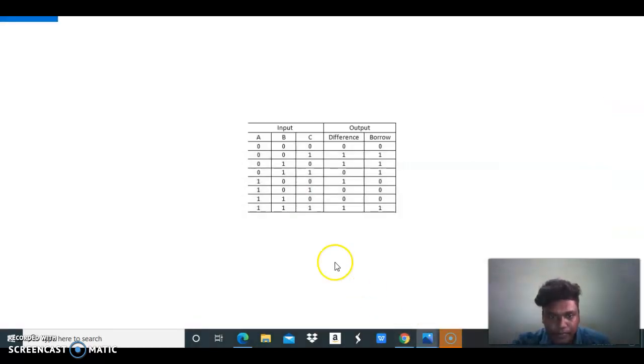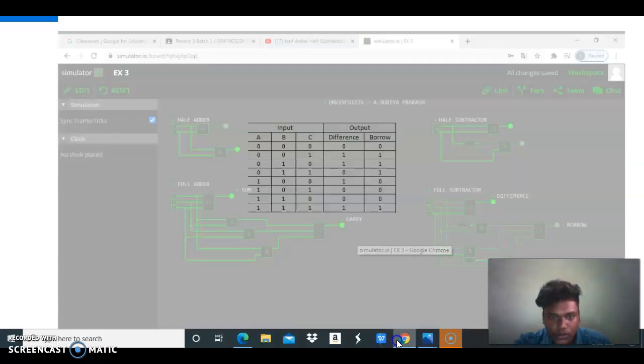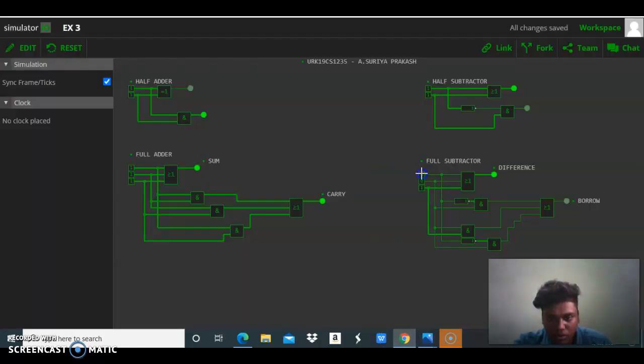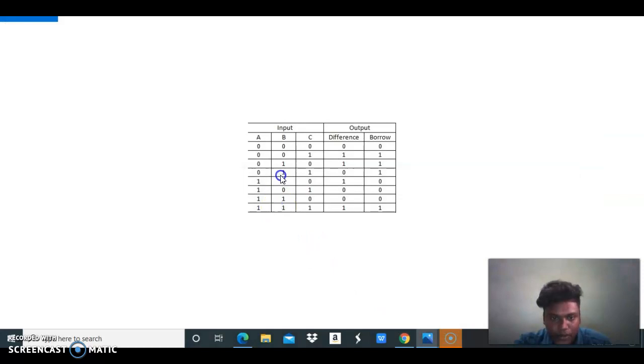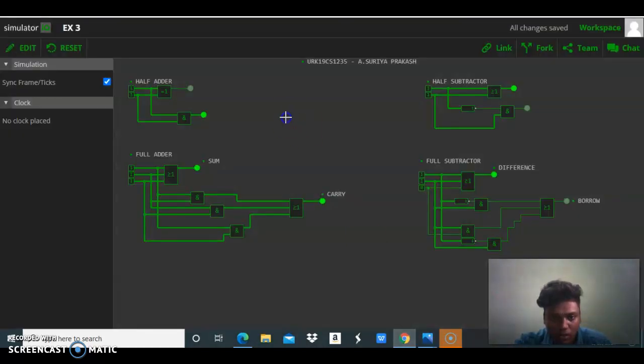Next, 0 1 0 is 1 1. 1 0 is 0 1. 0 1 1 is 0 1. 1 1 is 0 1.